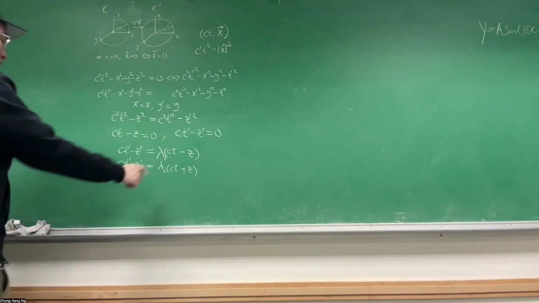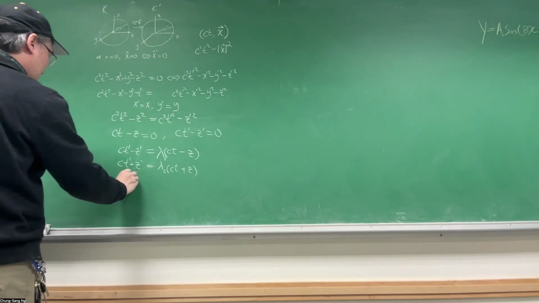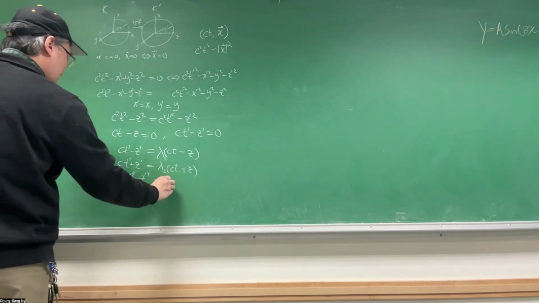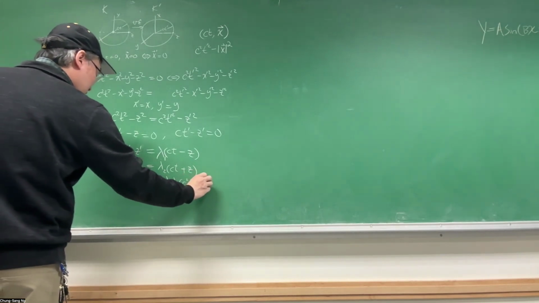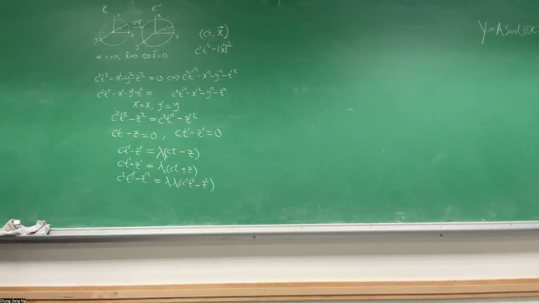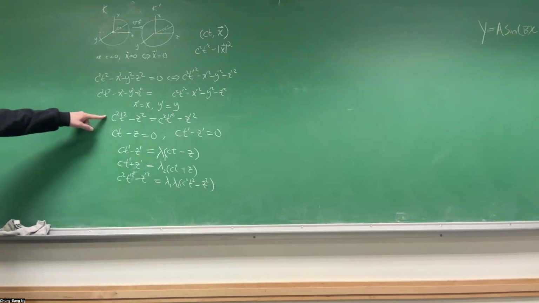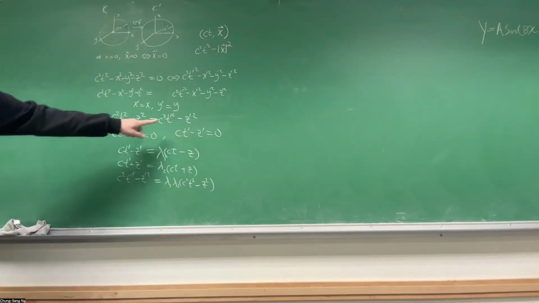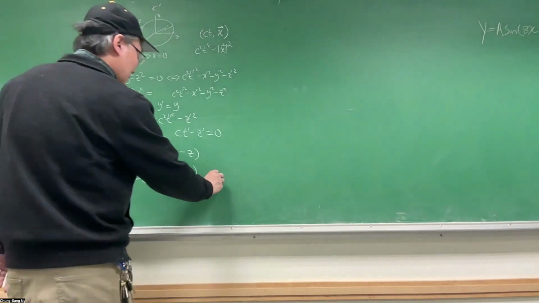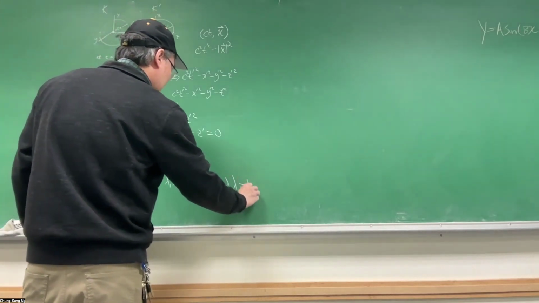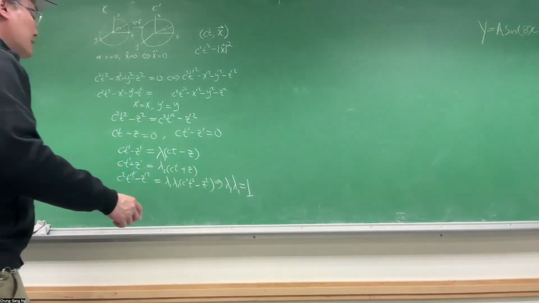Then you have two equations, and you can multiply them together and get c squared t prime squared minus c prime squared equals lambda 1 times lambda 2 times c squared t squared minus c squared. Now compare this with what we concluded before. These two are equal with the proportionality constant 1. So this implies lambda 1 times lambda 2 equals 1. Okay, so that fixes one relation that we'll use later.